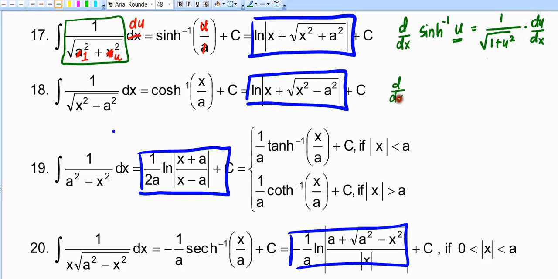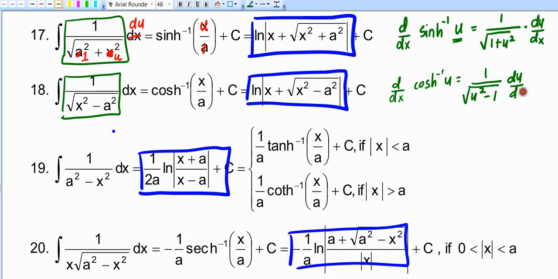Similarly for differentiating inverse hyperbolic cos u, take whatever function is inside the integration, so 1 over the square root of u squared minus 1, times du dx. For number 19, the derivatives of inverse hyperbolic tangent and inverse hyperbolic cotangent share the same formula.